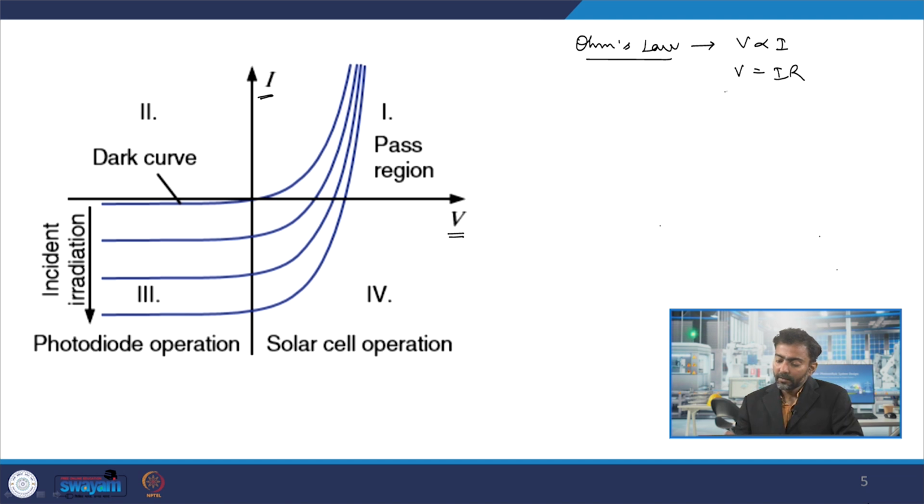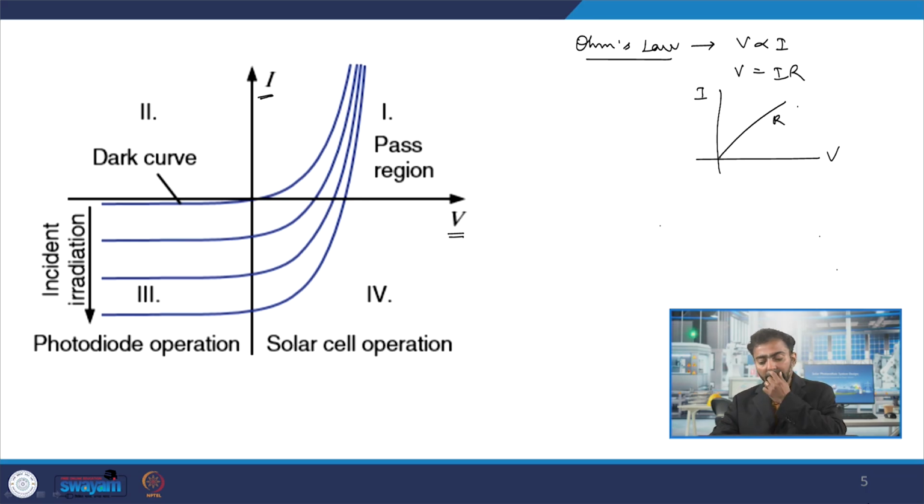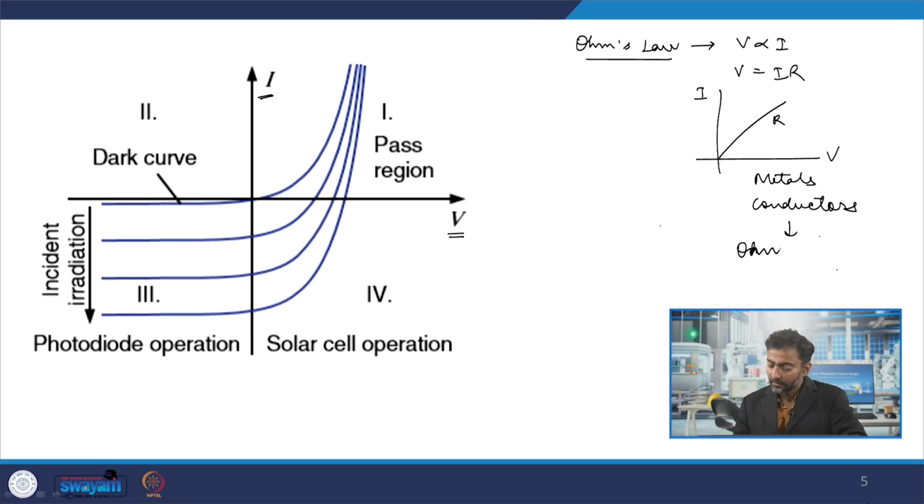If I want to make the IV curve of this type of device where voltage is proportional to current and V equals IR, it will be just a straight line going from the origin, with the slope of the line, or in this case the reverse of the slope, being R. This is true basically for metals, which are usually conductors, and these types of devices are known as ohmic devices.